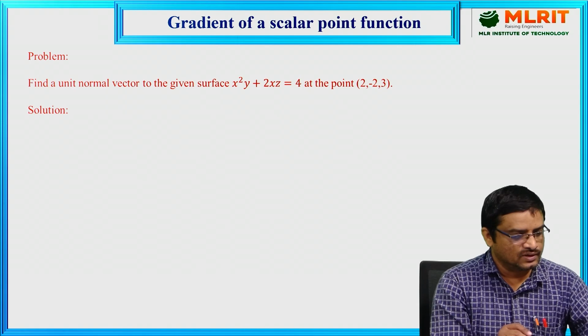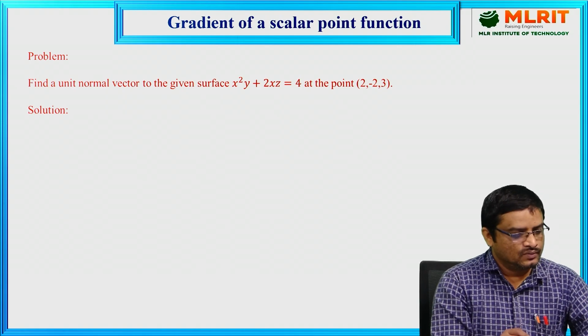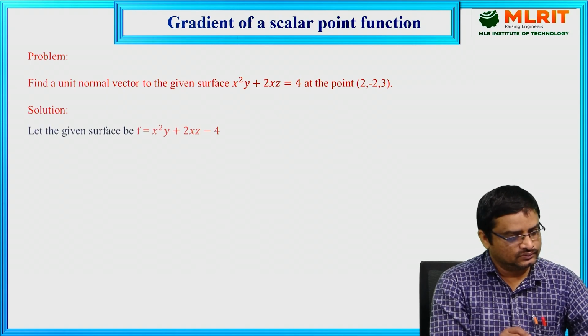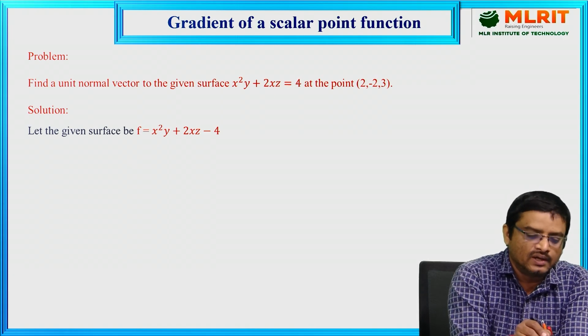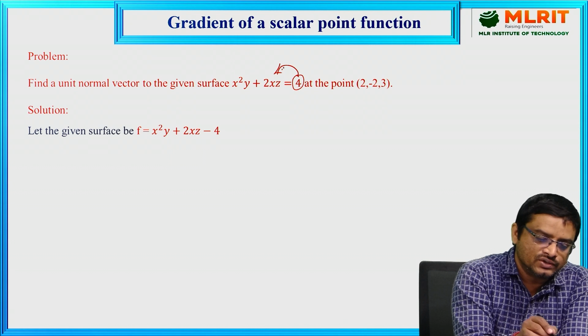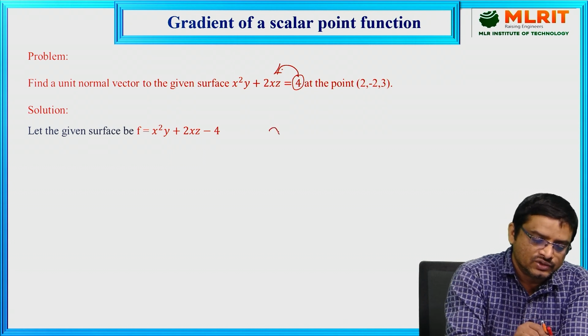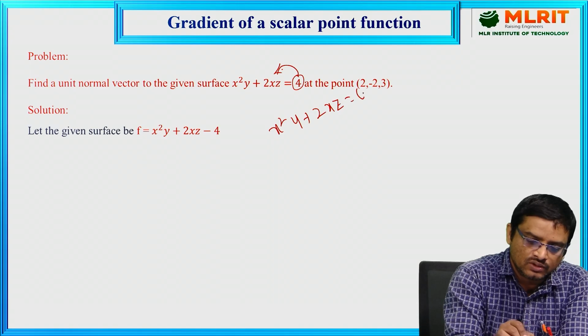Now use this formula. First we have to reduce the given surface. Whenever we have some equality equal to some RHS, you bring this constant to the other side. Here x square y plus 2xz is equal to 4.